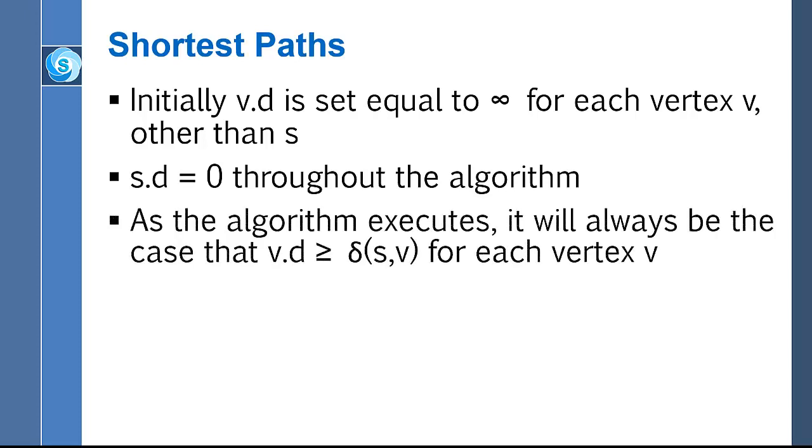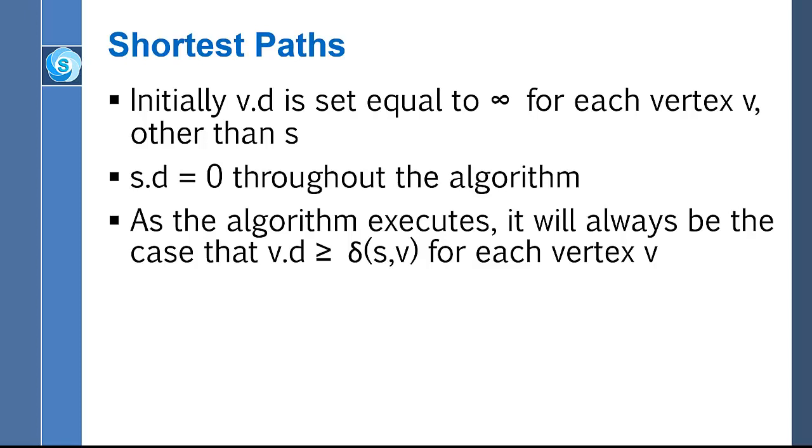All right, as the algorithm proceeds, if you can get your head around this inequality right here, then you understand the notation. Because at any stage along the way, for any vertex V, it's always going to be true that V.d is greater than or equal to delta(S, V).